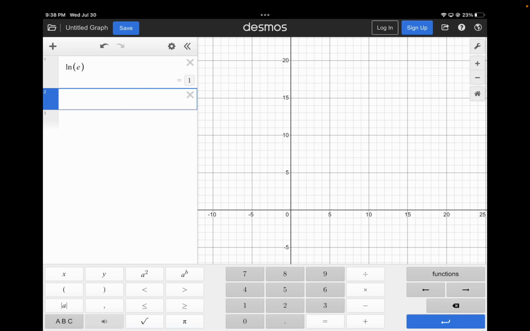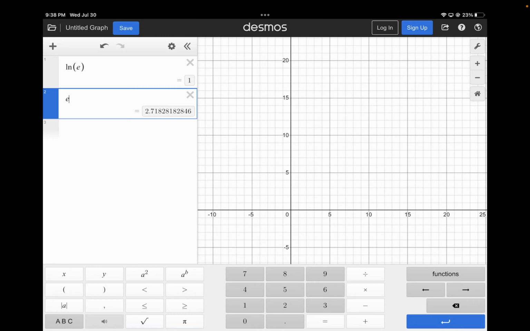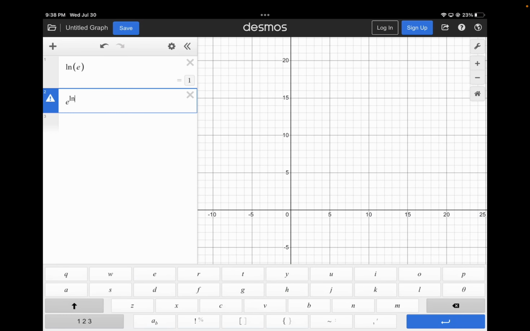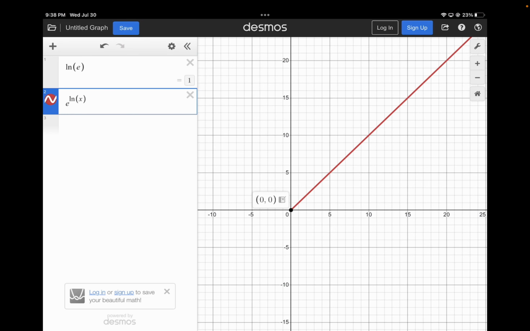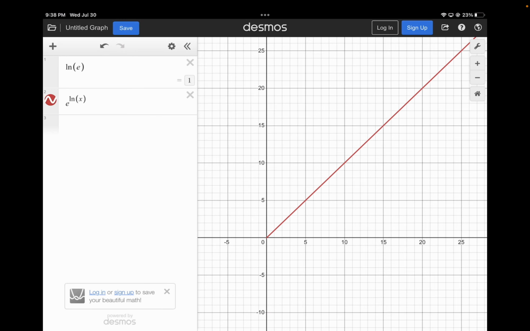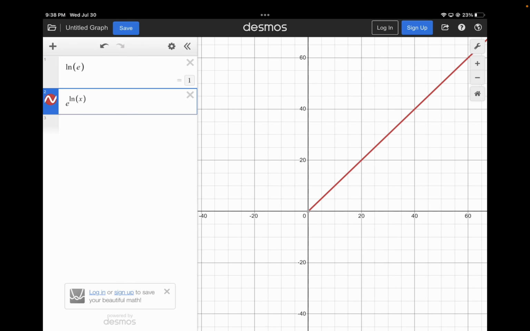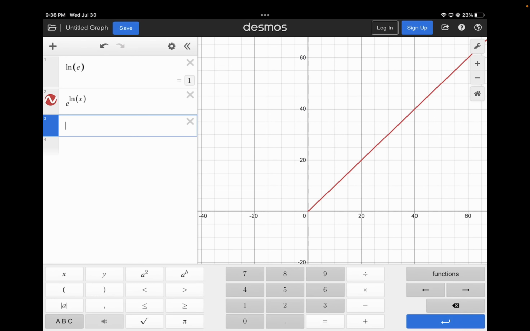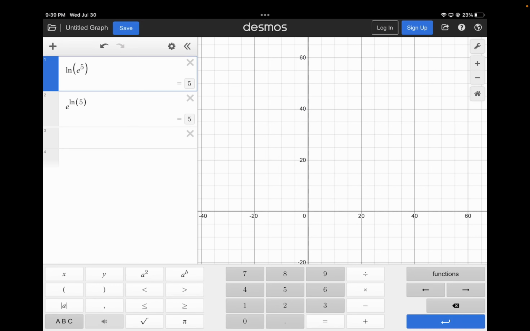I don't know if you need to know that, but if I were to take an e to the natural log of x, it's just x. That graph is above, it doesn't go past it because it would be undefined if it went past that, but you could just keep it as x. So if I had e to the natural log of 5, it's just going to spit out 5. Same thing if I had e to the 5th, natural log of it is going to be 5.